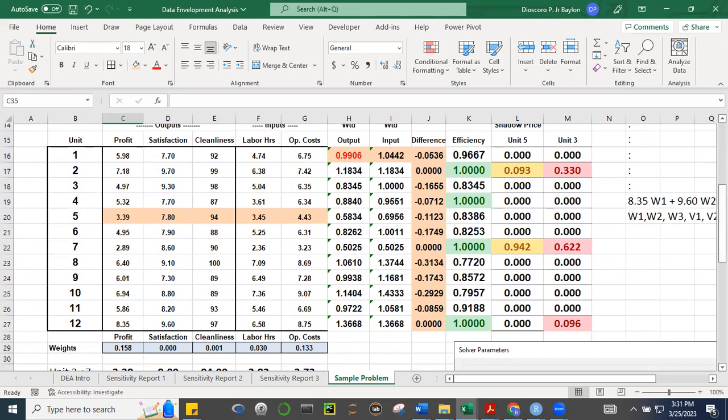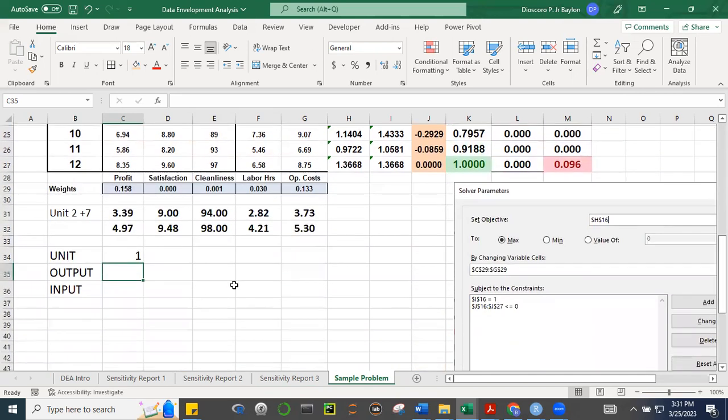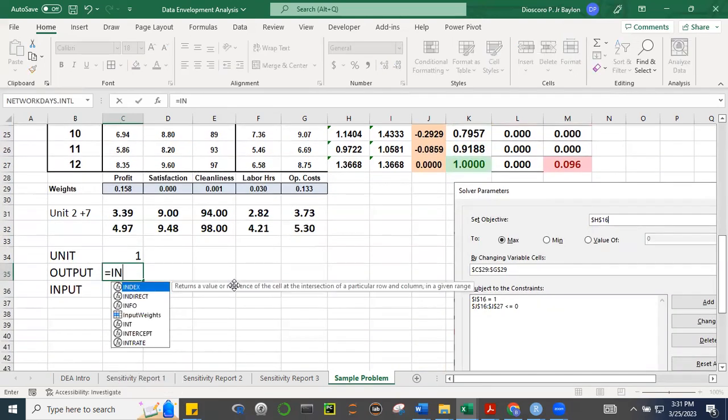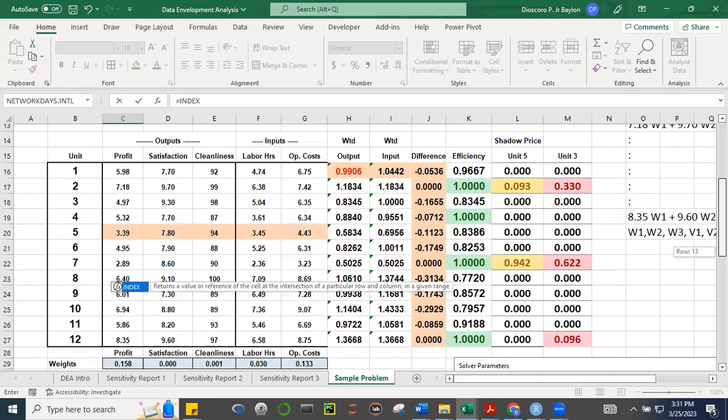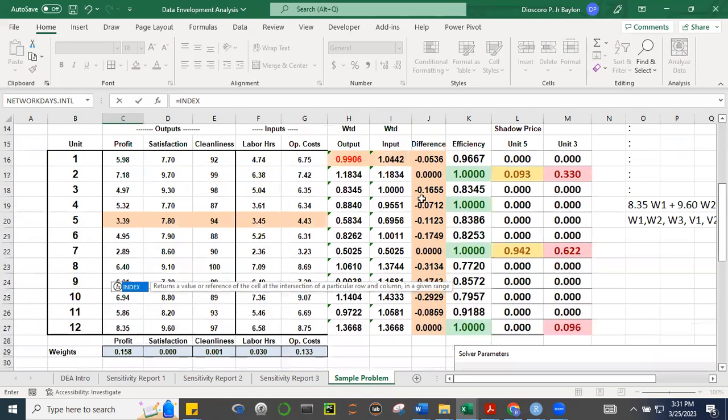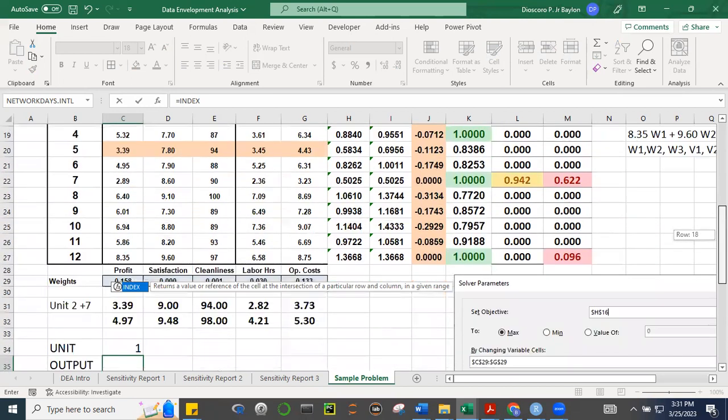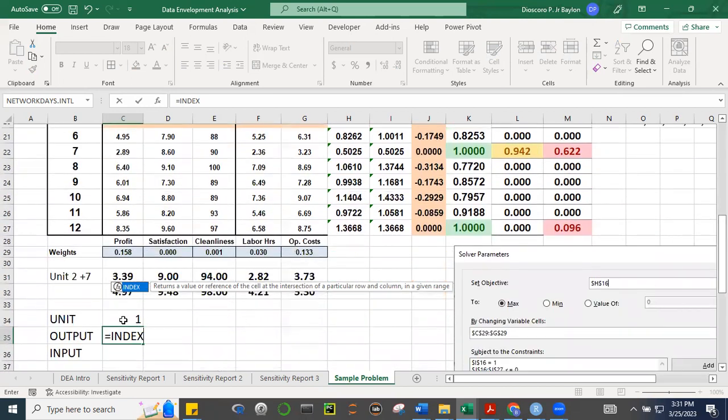There's a function called INDEX. Let's use INDEX. Index returns a value or reference of the cells at the intersection of a particular row and column. For the output, I'm going to use this row, and then intersect it with the row that's written here.